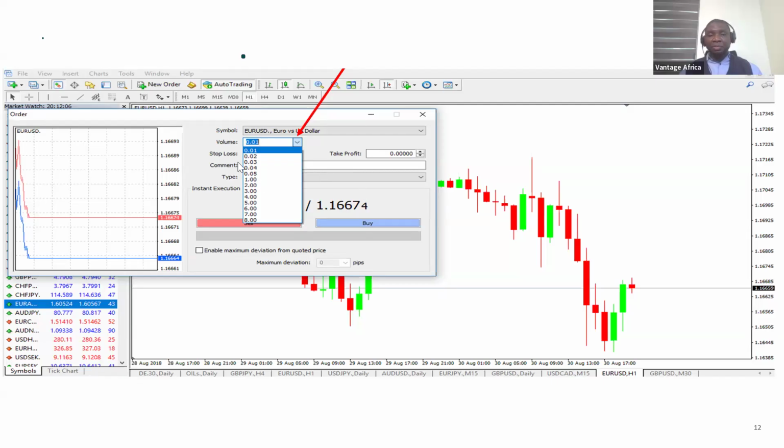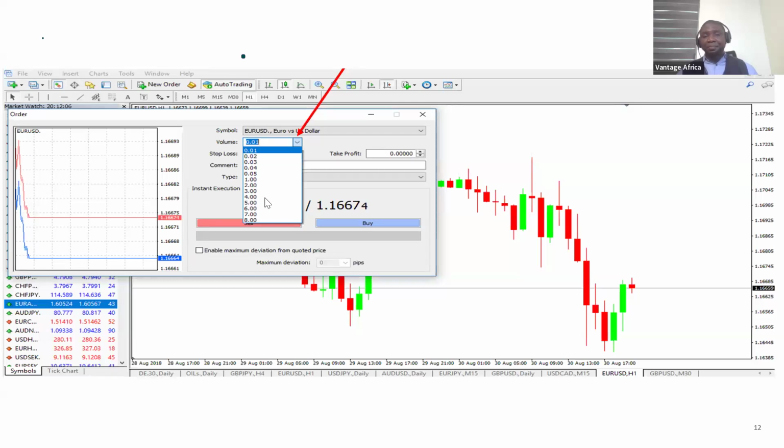You notice here, for example, you do not have 0.1 or 0.5 or 1.5 or 1.2.